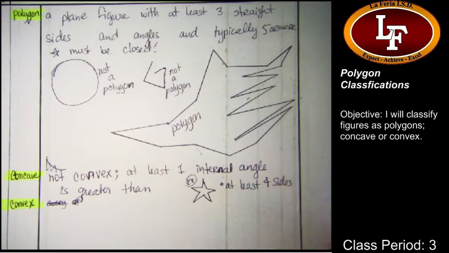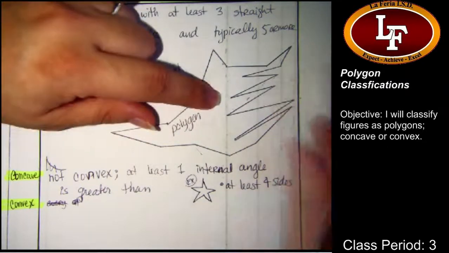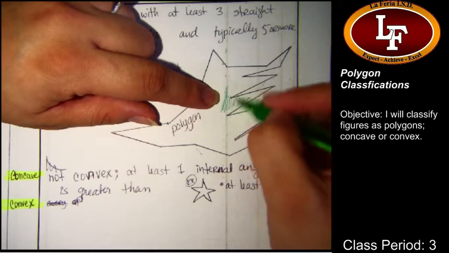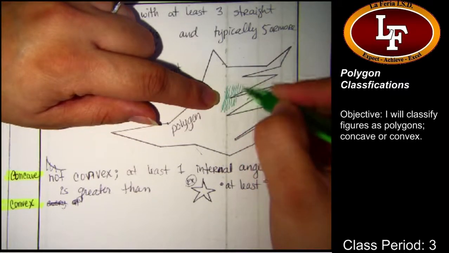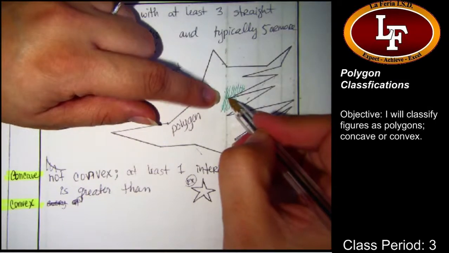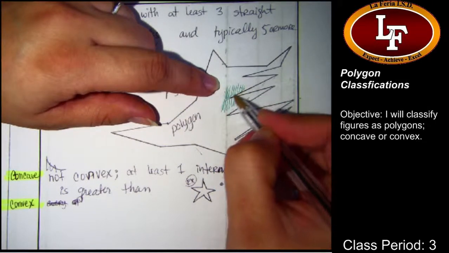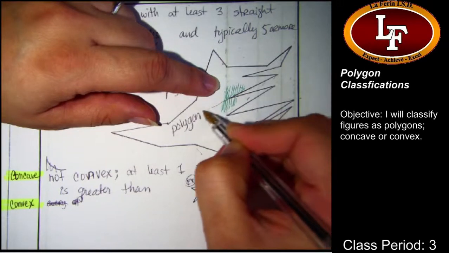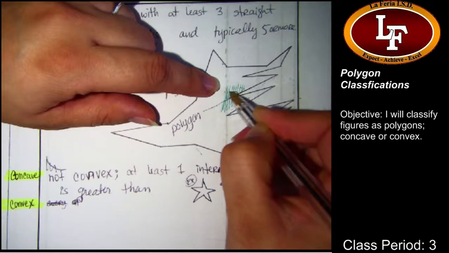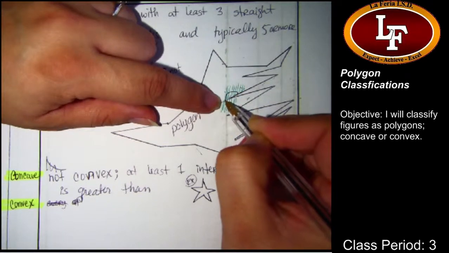Okay, well let's look at this one, right here on the polygon that I drew. There's an interior angle, yes? Notice if I extend this side and go from this side to this side, I'm going to have to go past this 180-degree line.